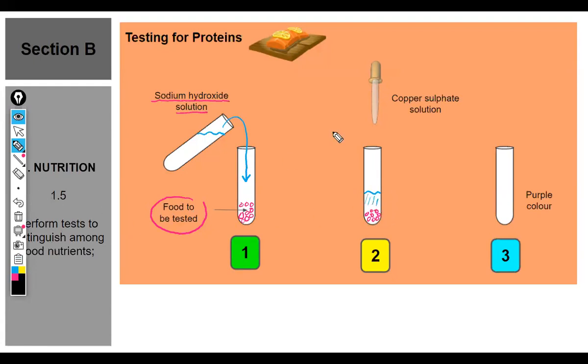Then you take another chemical called copper sulfate solution, and you put little drops of it inside this mixture. And only if the solution turns purple, and this is the best purple I have, I don't have an actual purple color, but this is supposed to be my purple. If everything turns purple, then that food contains protein, only if it turns purple.